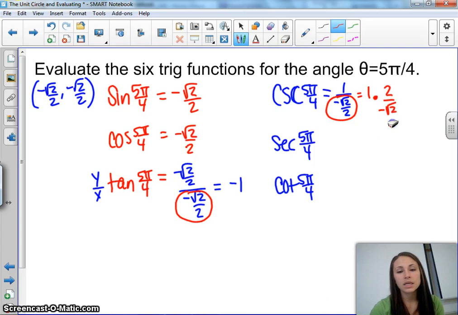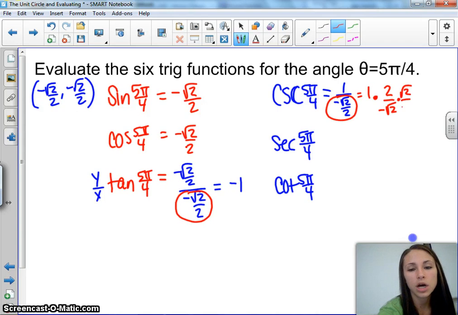And we cannot leave the square root in the bottom of that, so I need to do what is called rationalize. This is something you should have done in Algebra 2. Take whatever's under the radical, square root of 2, and multiply it by the top and the bottom.